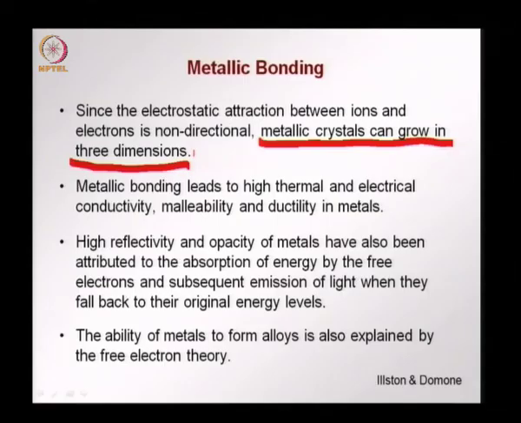That is, the electrons can absorb energy and give it back. So, this gives rise to the reflectivity. They also do not let the light through the body of the metal, making it opaque.